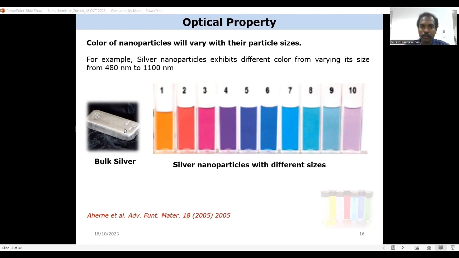Suppose the silver nanoparticles have a size range from 480 to 1100 nanometers, the color will change from orange to violet. Similarly, gold and platinum nanoparticles also show unique color behavior.